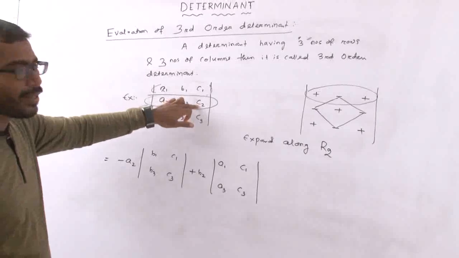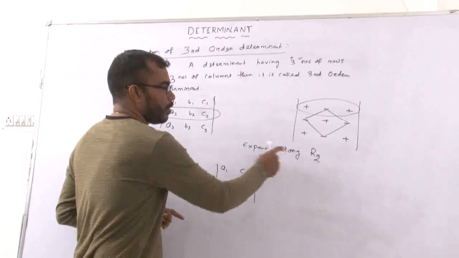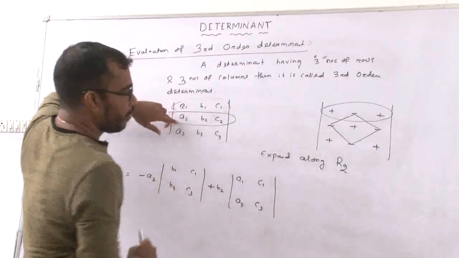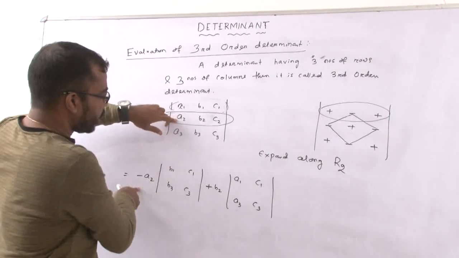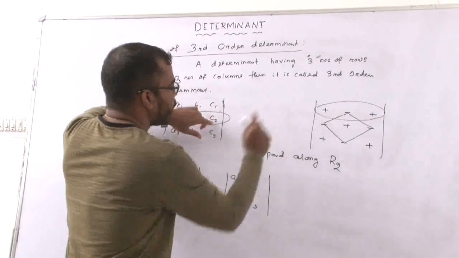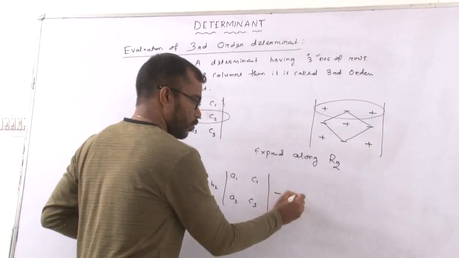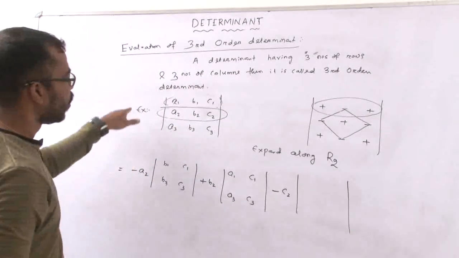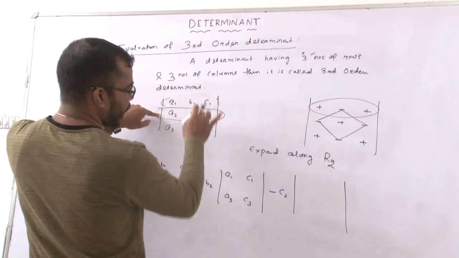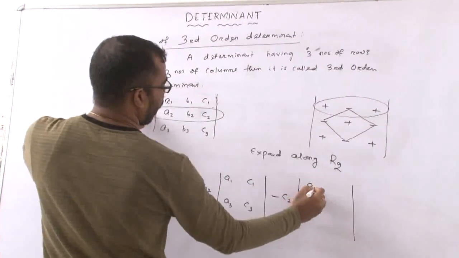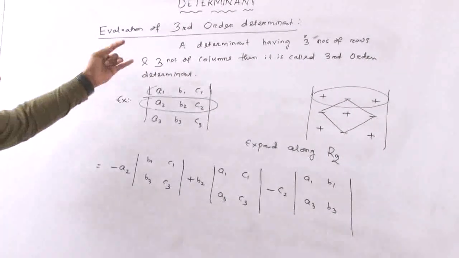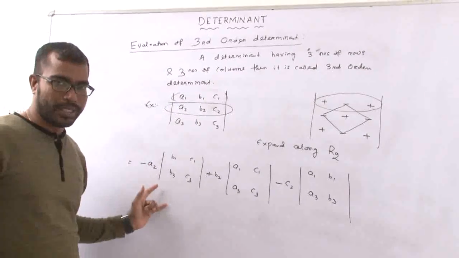Now another value: as we expand along R2, the first value is A2 with sign minus, then plus B2, and the third element C2 has sign minus, so minus C2. If we cancel its row and column, we get A1 B1, A3 B3. So the third order determinant is converted to second order determinants.